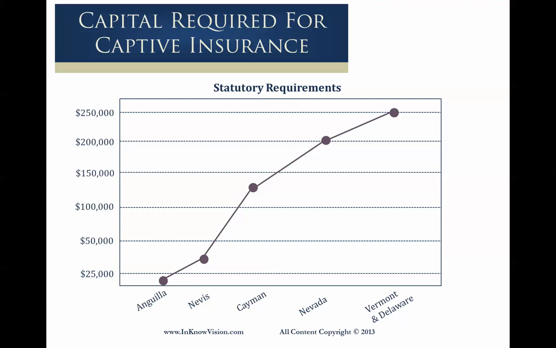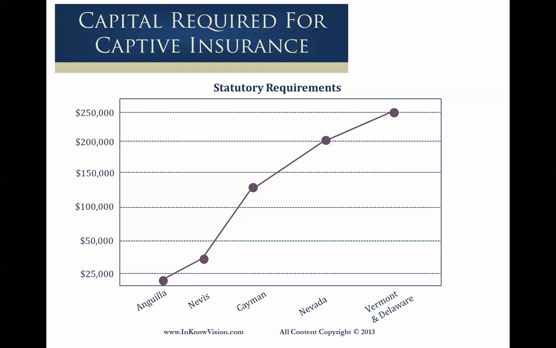When you start your own business, of course, you can start out with almost nothing. In the insurance world, because you're subject to governmental regulations, almost every jurisdiction will have a minimum capitalization required in order to get the insurance company up and running.